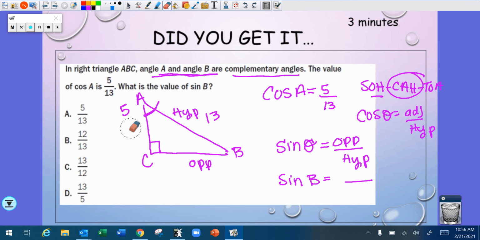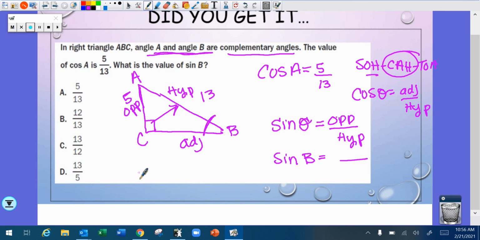Okay, so in order to do this, I need to relabel this triangle because my angle got changed to B this time. So it means this side is the adjacent and this side over here is the opposite. All right, since they gave me two sides of this right triangle, I can use Pythagorean theorem to find the third side. So a squared plus b squared equals c squared.